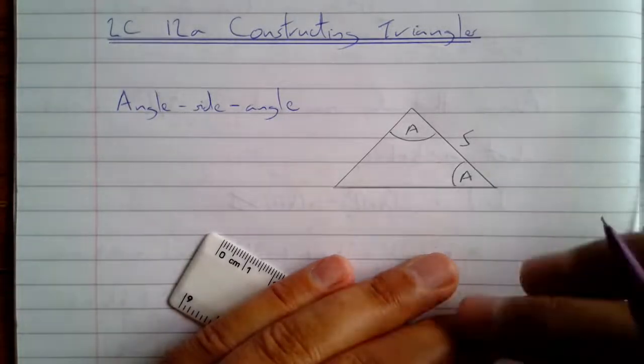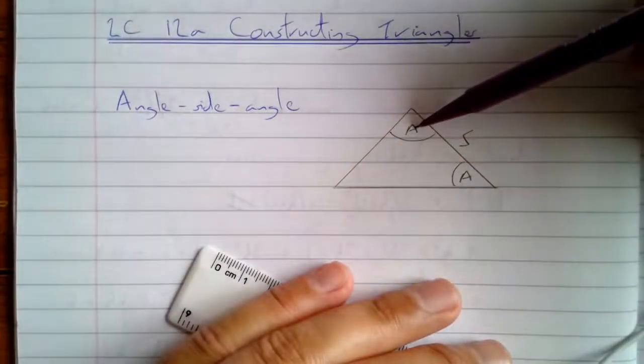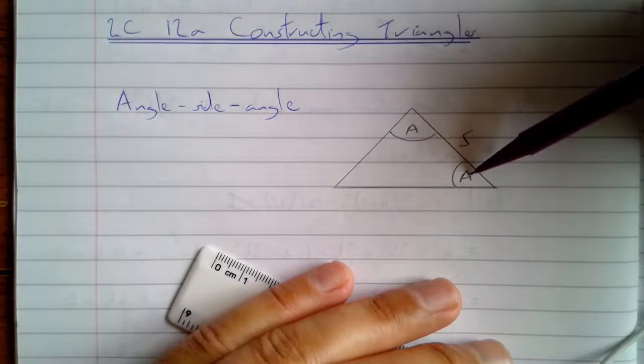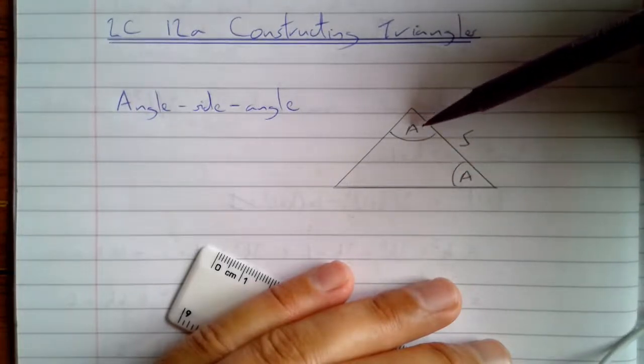Now it's important to recognise what angle, side, angle isn't. Here you'll notice that I've got an angle, a side, and an angle. The angles and the side are all together, it goes 1, 2, 3.